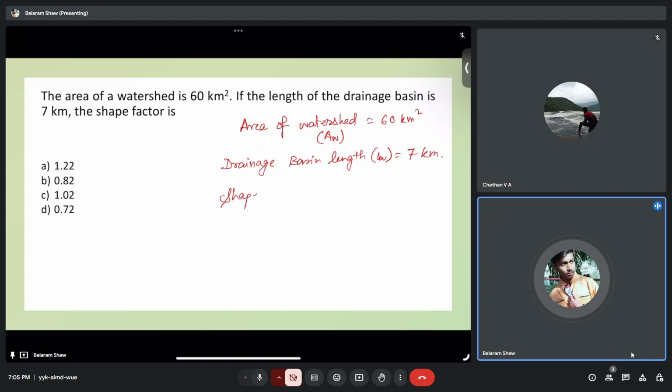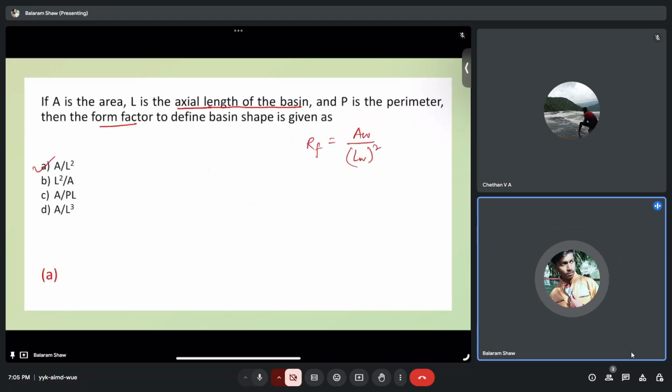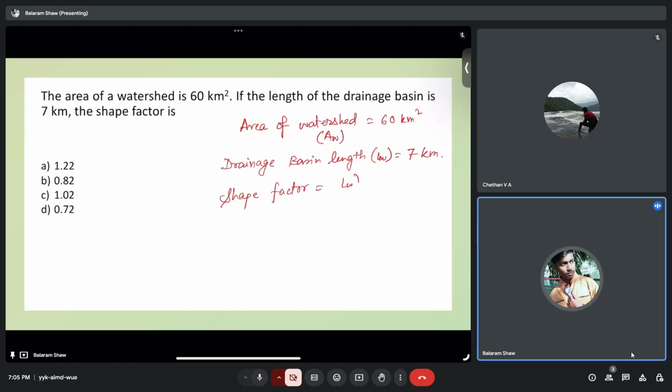We have also discussed what is shape factor. Shape factor is the inverse of the form factor. That is, what was the form factor? That was AW by LW square, right? So the inverse will be LW square by AW. Just put in the area of watershed and drainage basin length and tell me how much you are getting for shape factor. I'll wait for a minute.